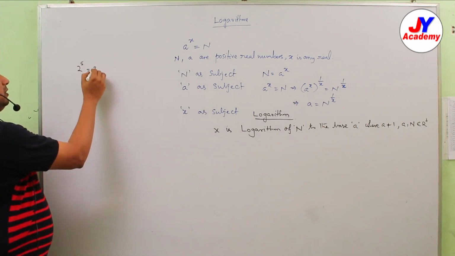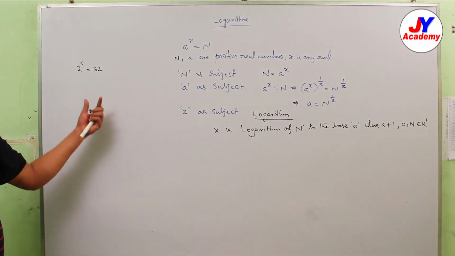2 power 5 is equal to 32. It is an exponential form.